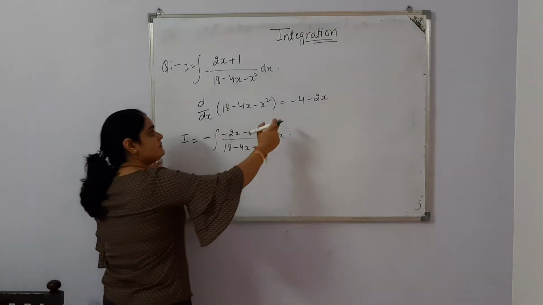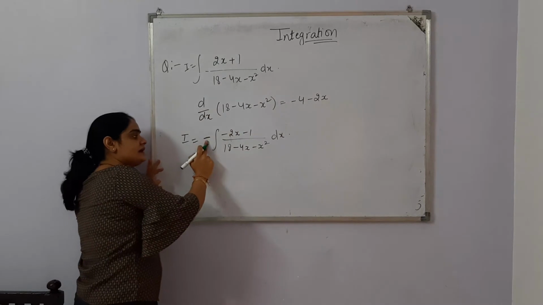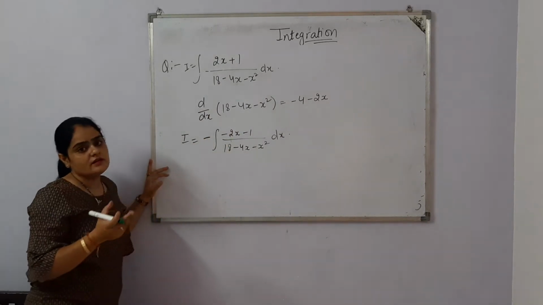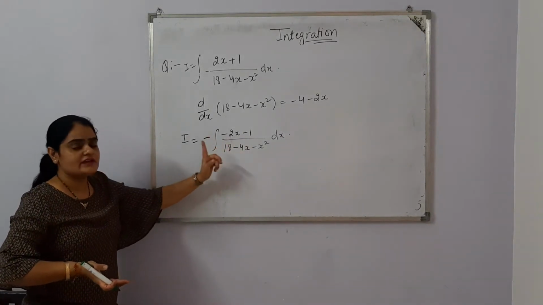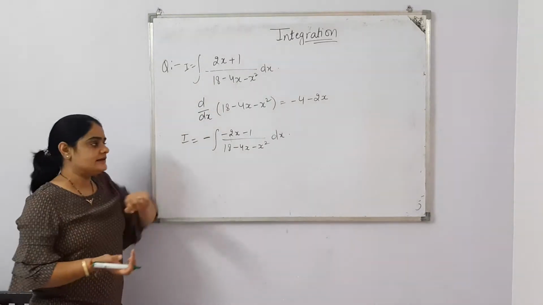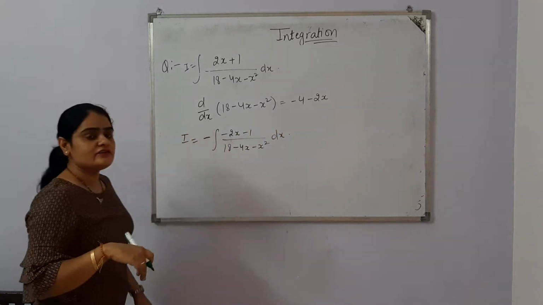So first of all we need a negative sign with 2x. So we take the negative sign outside and the negative sign inside. Of course balancing is there: when the negative sign is taken common, minus will become plus, and we get the same function. Now minus 2x is here. Now we need minus 4.